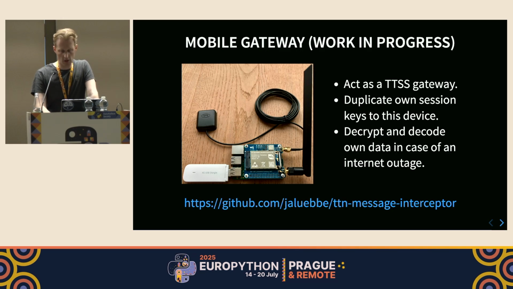And here I'm extracting the session keys required for decryption from The Things Network cloud, store them locally in SQLite on my device, and have the option to decode them directly there and provide, in case of an internet outage, at least for the devices where I know these keys.